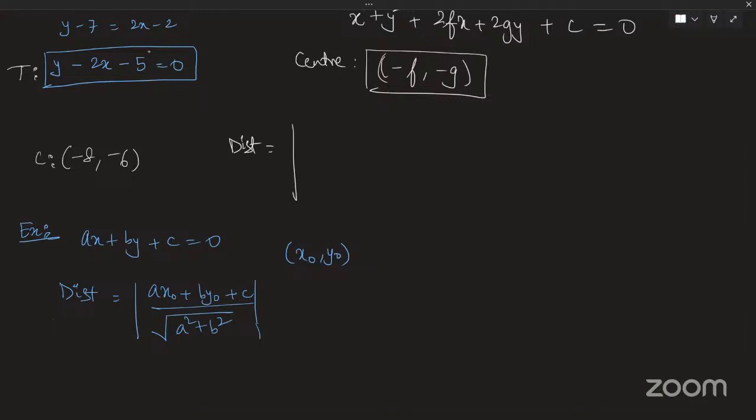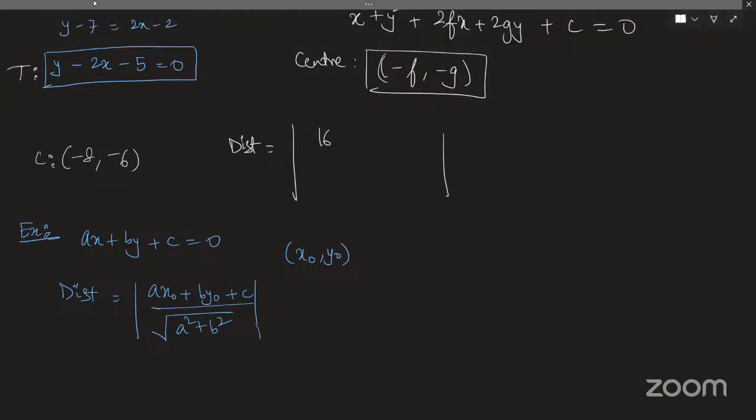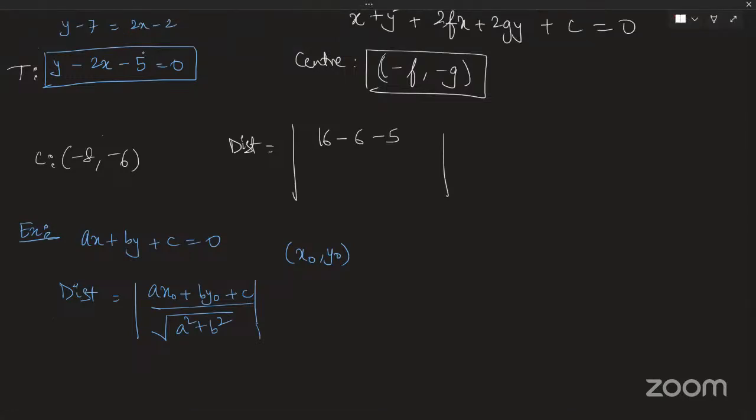I will tell you what is the distance between both of these. Just a minute. It is 16 minus 6 minus 5 divided by square root of 2 square plus 1 square.